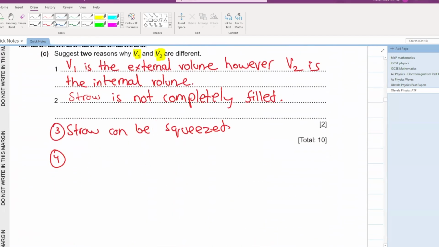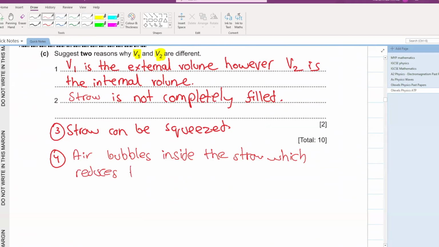You can write there can be air bubbles inside the straw, which reduces the volume of water the straw can carry. Simple as that.